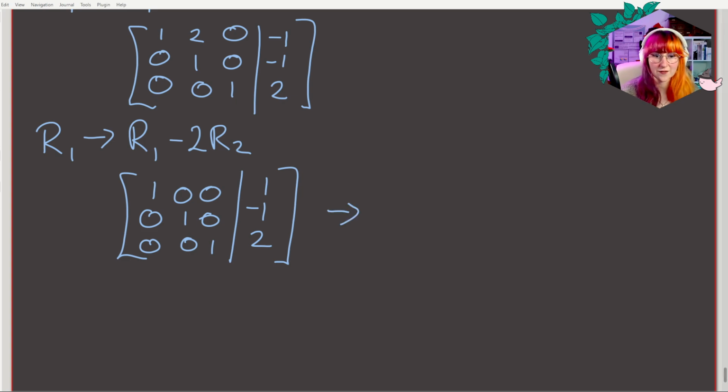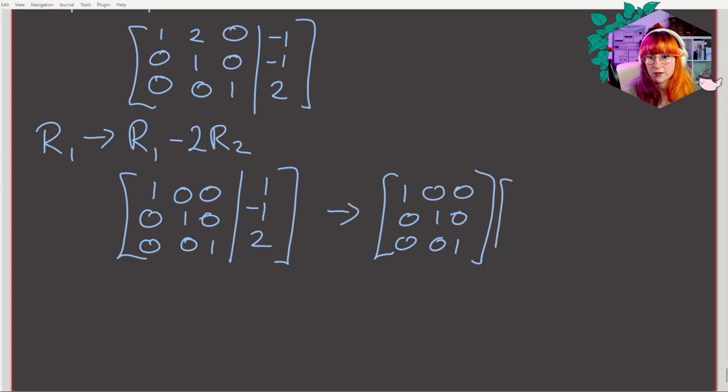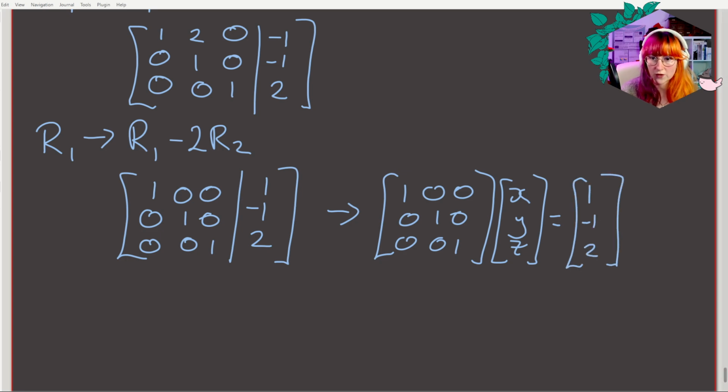So that tells me if I then plug this back in, what I get is 1, 0, 0, 0, 1, 0, 0, 0, 1, times X, Y, Z, equals 1, minus 1, 2. But solving this out, you get X is 1, Y is minus 1, and Z is 2.